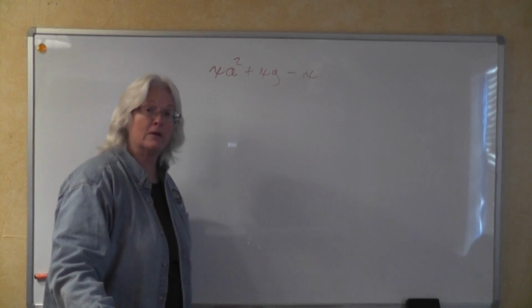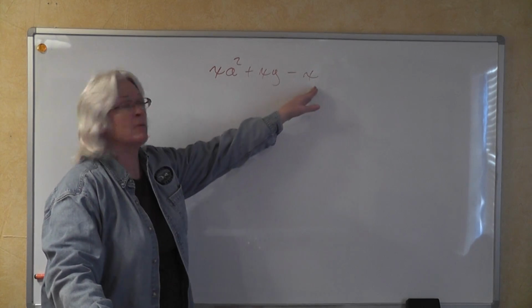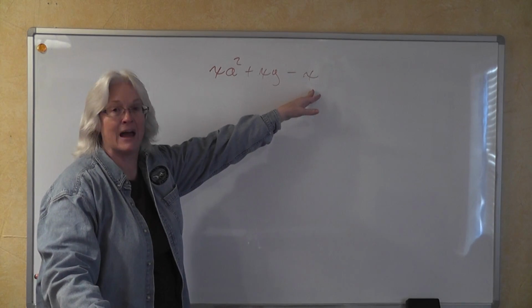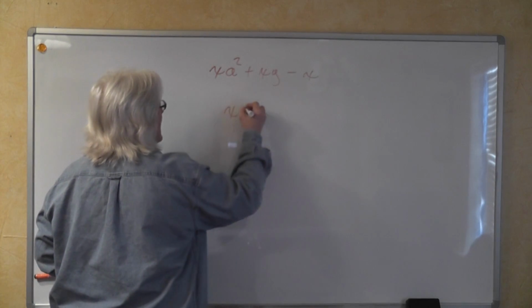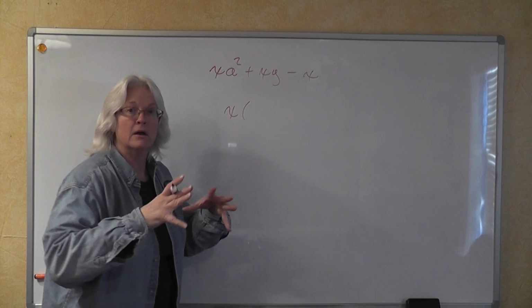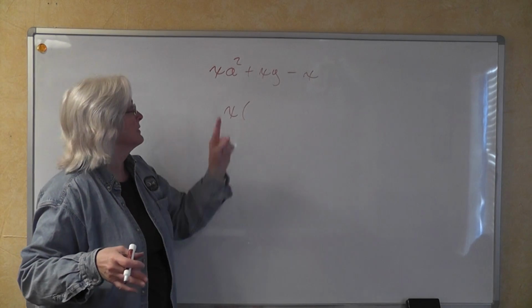What is our common monomial factor? Well, there's just not a whole lot going on here. The common monomial factor is x. x goes on the outside of the parentheses. The remaining factors in each term go inside.